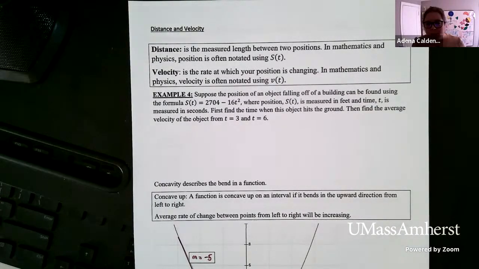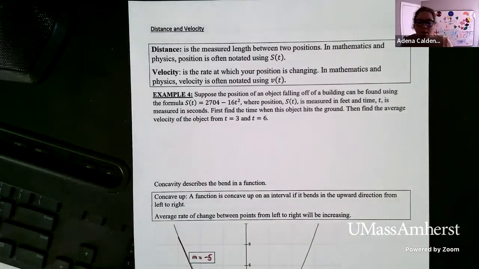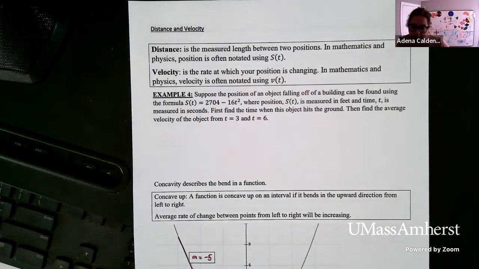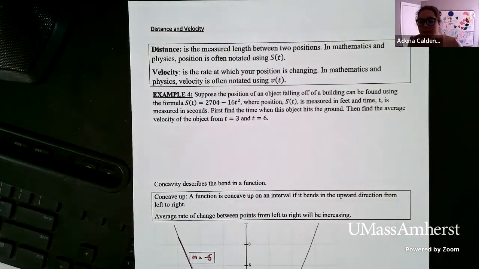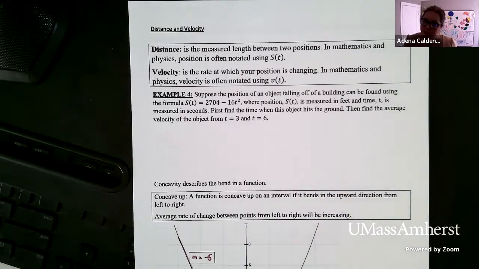Velocity is the other term we need to know, and that is the rate at which your position is changing. Okay, so if you're driving in your car and you're going 60 miles per hour, that is a velocity because your change in position is 60 miles over how long it takes, which is 1 hour. So when we talk about velocity, we are talking about approximating the rate of change.